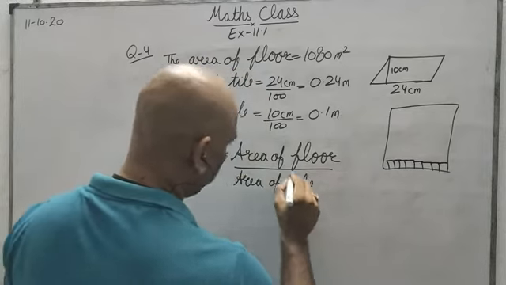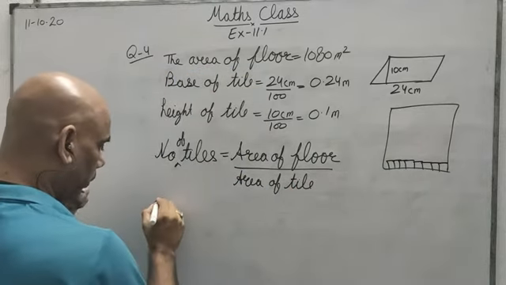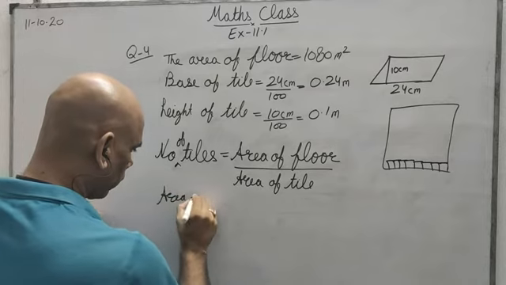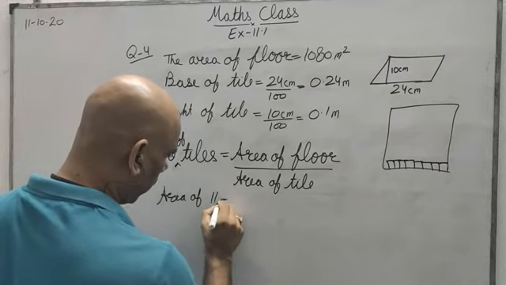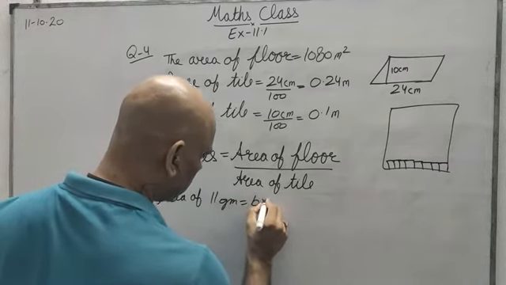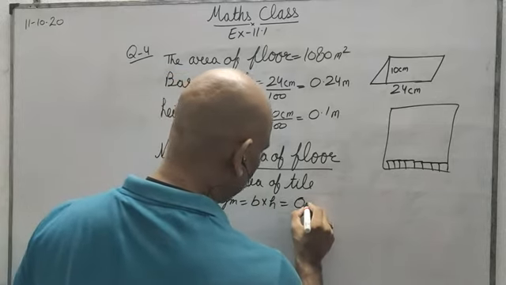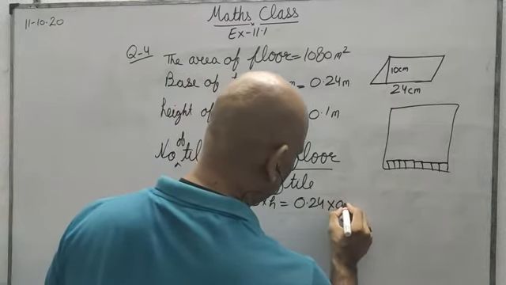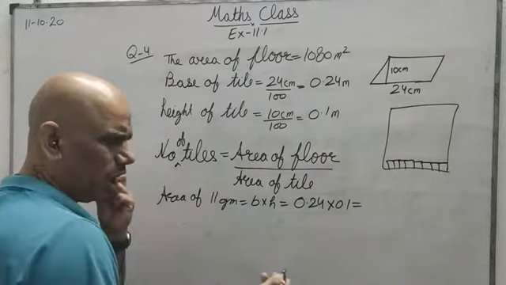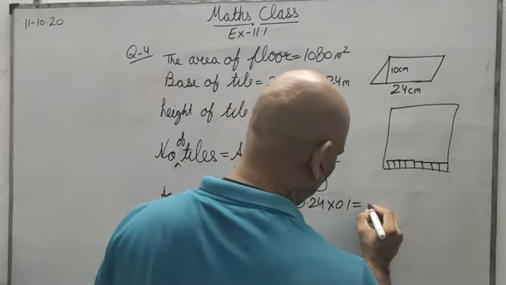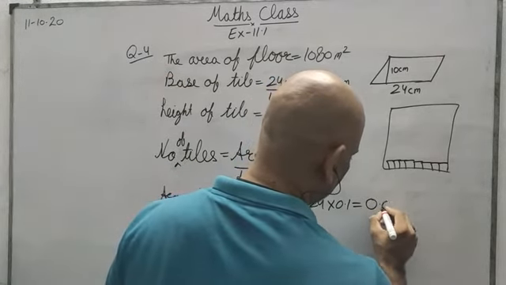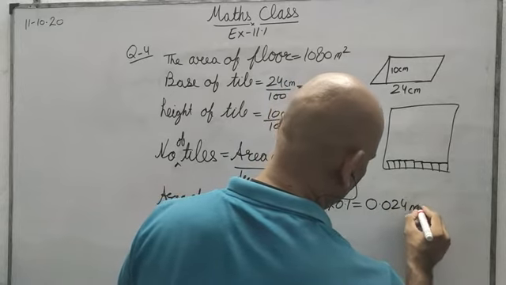Now what is the area of tile? Area of parallelogram is base into height, that is 0.24 into 0.1. You can solve it or you can not solve it, it's your wish. So it is 0.024 meter square.